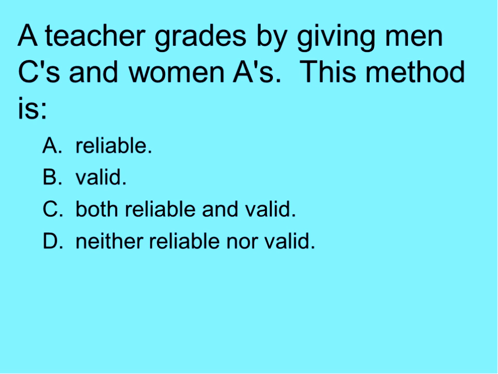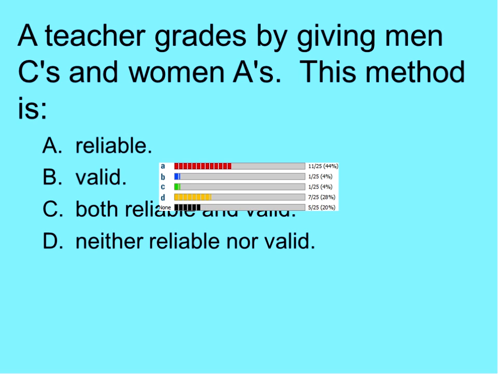Let's take another 15 seconds on this one. All right, 5 more seconds. This is going to be an interesting one to talk about. All right, let me toss the responses here.